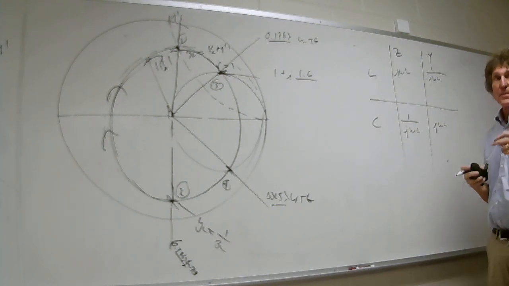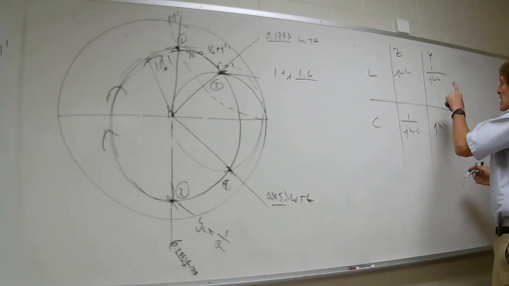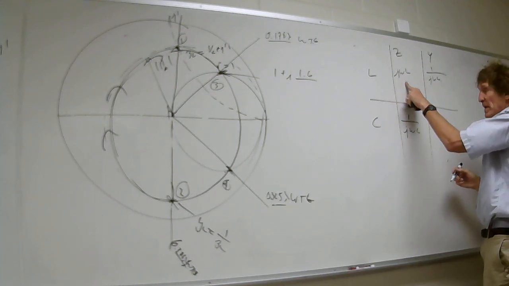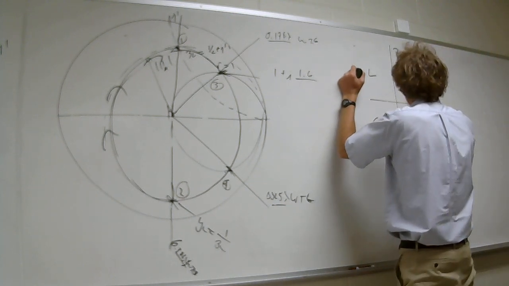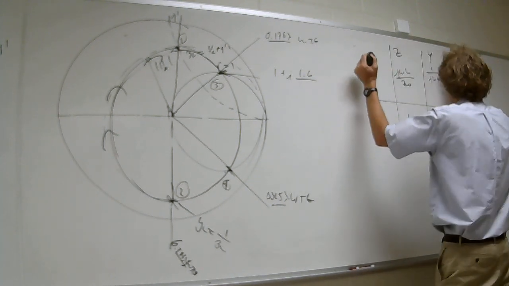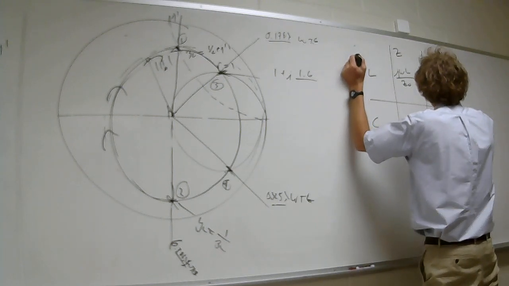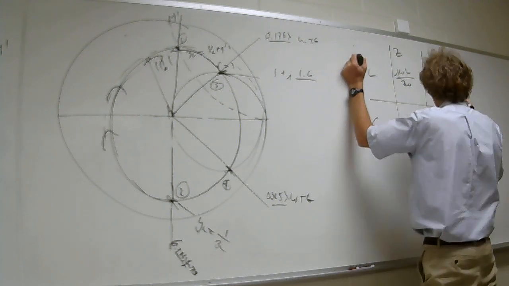Now, if you want the normalized admittance, if you start here with impedance, we can get normalized impedance of an inductor by Z naught. Take 1 over that, minus J Z naught would be the normalized admittance.